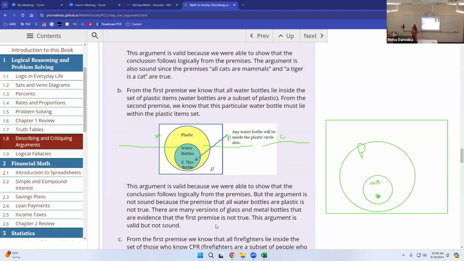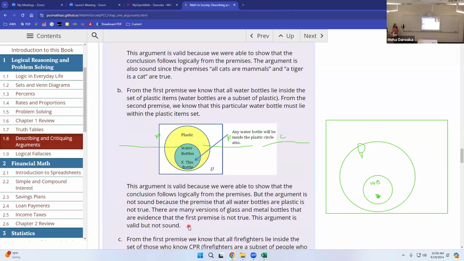Right now, we're just saying, is the argument valid? And you will see right here, the second statement in that paragraph, I guess, for Zoom people, using my little pointer: but the argument is not sound because the premise that all water bottles are plastic is not true.